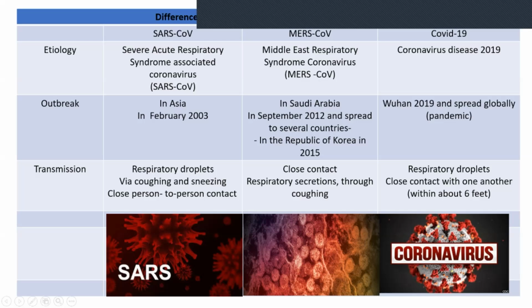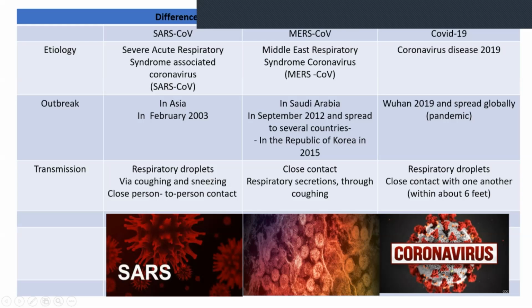The first one is SARS-CoV, the severe acute respiratory syndrome associated coronavirus. The second one is MERS-CoV, Middle East respiratory syndrome coronavirus. And the third one is COVID-19, or coronavirus disease 2019.